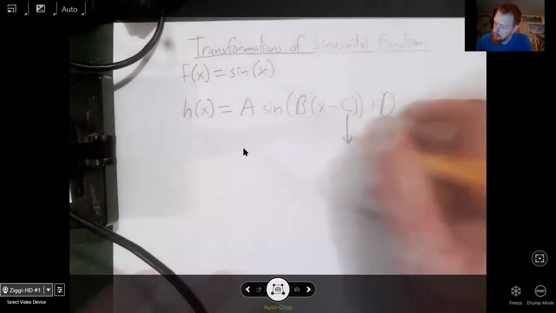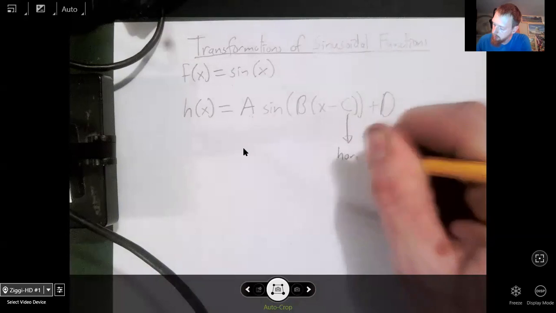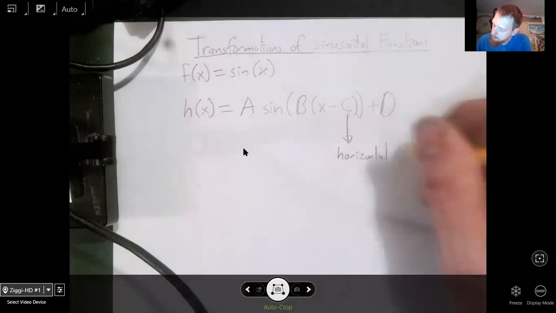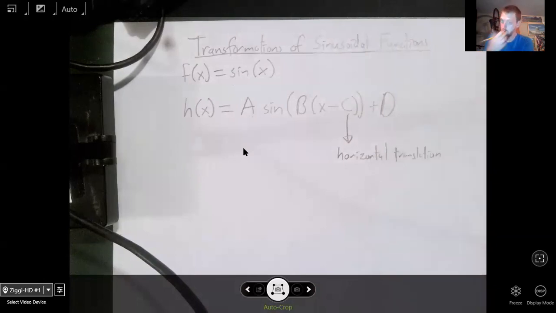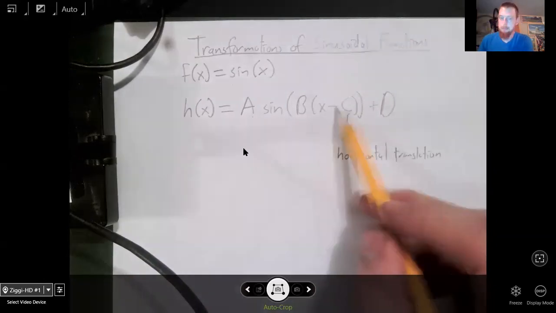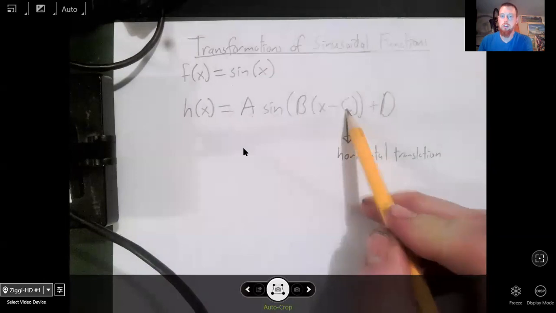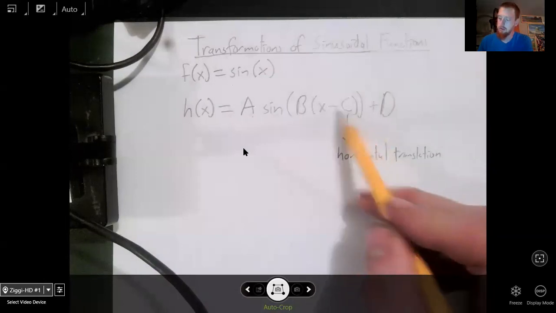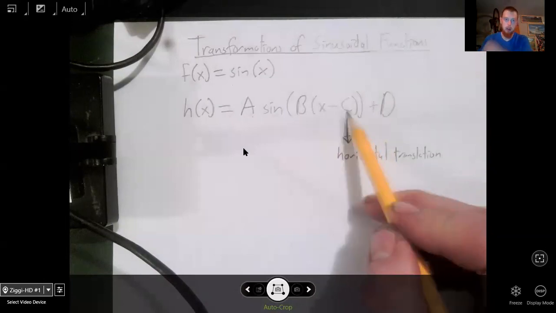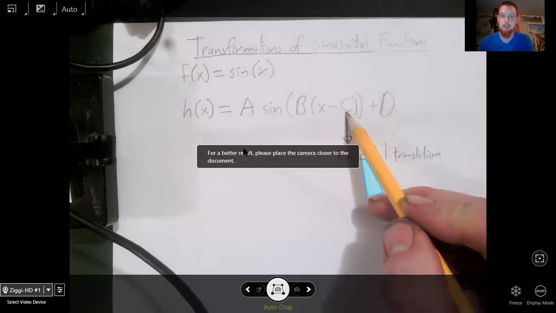Okay, this value of C shows you your horizontal translation. If you subtract a positive value, that's going to shift to the right. If you subtract a negative value, in other words, if this says x plus pi over 2, then that would shift us to the left instead of to the right.